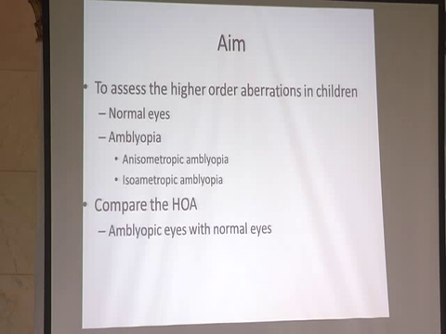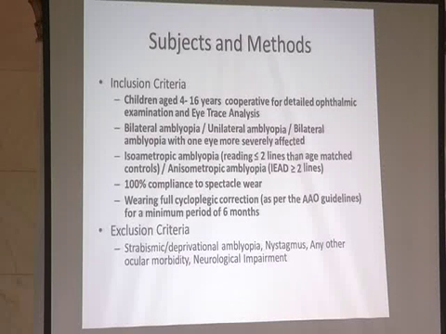We included patients who had normalized and also those who had residual amblyopia despite best correction and 100% compliance, and compared the higher order aberrations in normal eyes, meaning emmetropic with normal vision, as well as ametropic with normal vision, and amblyopic eyes that had ametropic or anisometropic amblyopia.